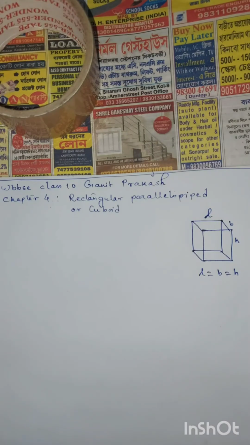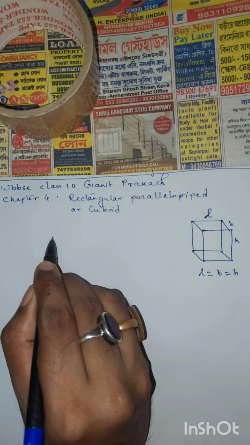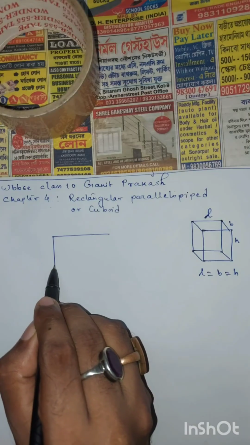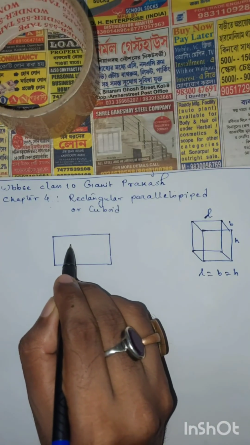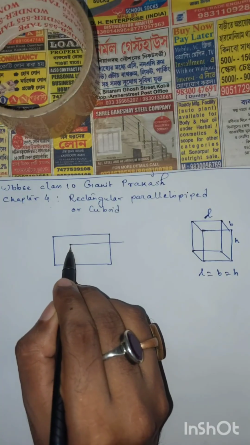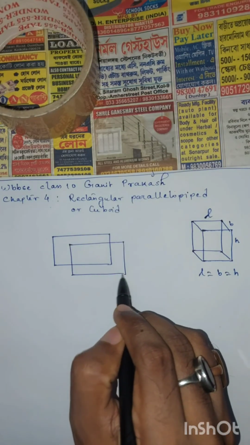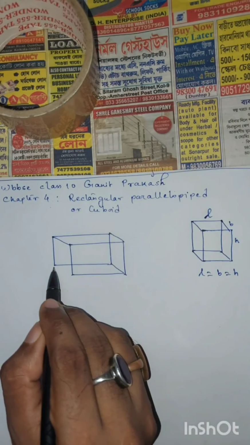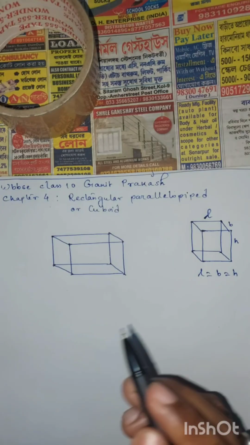Now today we are going to discuss a cuboid, which is also a 3D figure. But its dimensions are different.